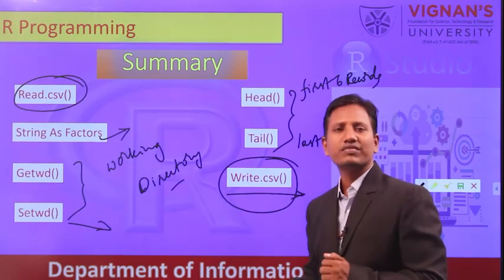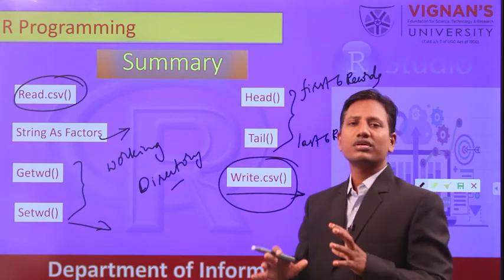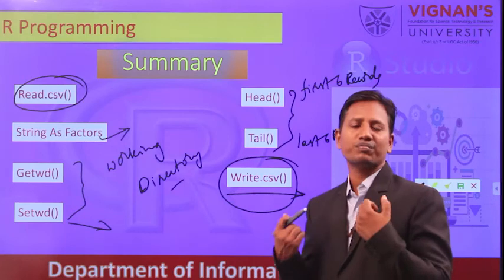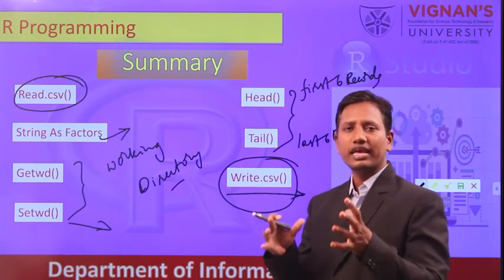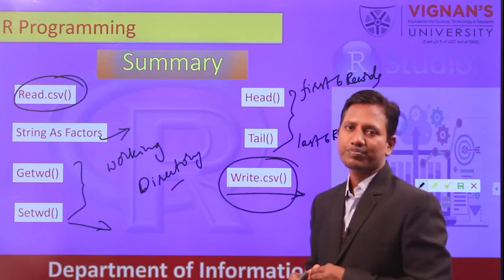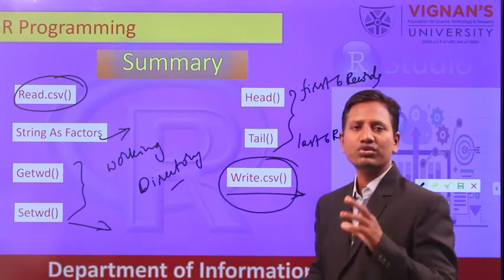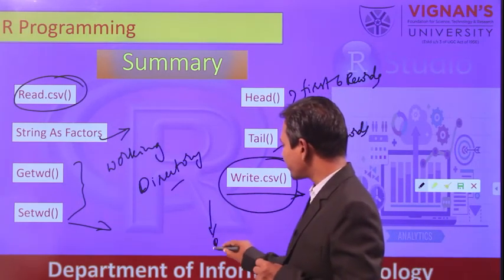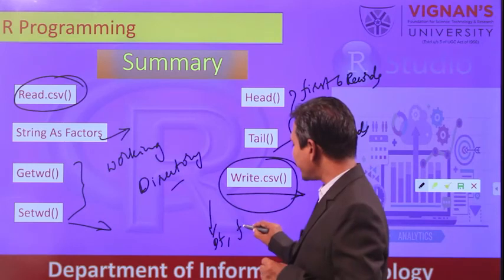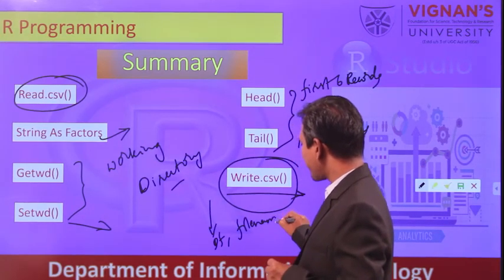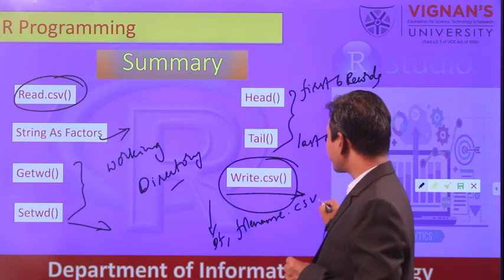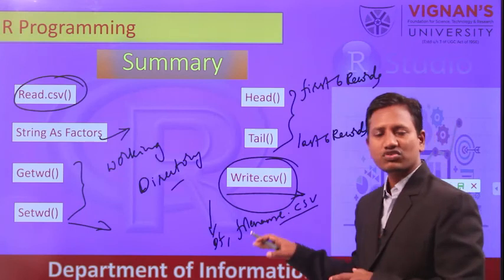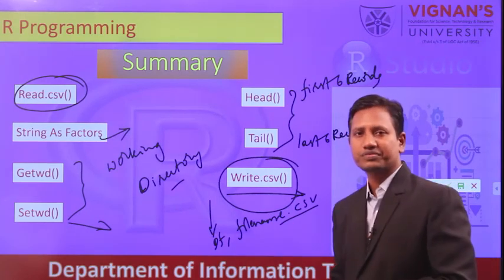This function will store the data in the working directory where we set it. If we don't set that, we pass the entire file path, and there it is going to write our data. While writing, we have to remember two points. One is the new data frame we have to give, and the file name we have to pass along with the extension, whether you want to use the CSV extension or some other extension.